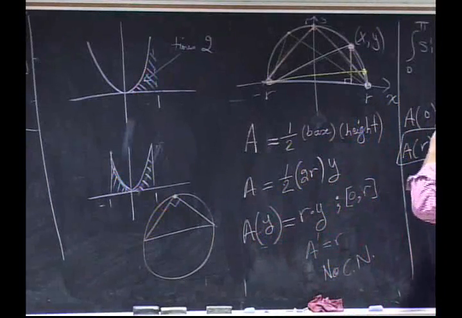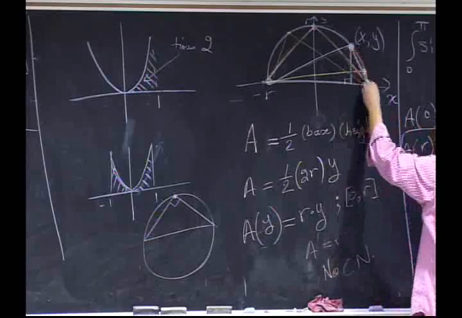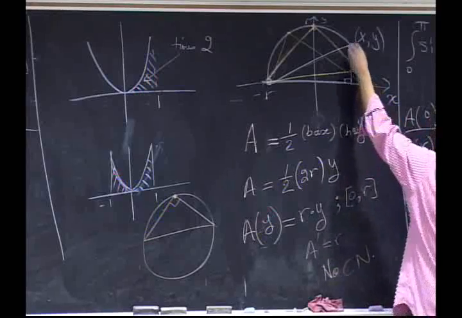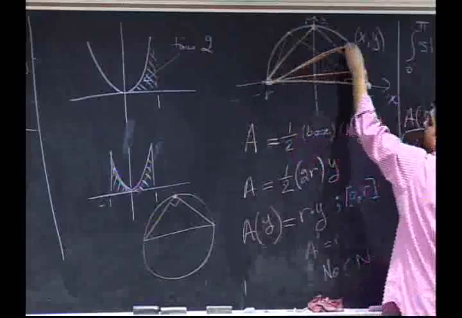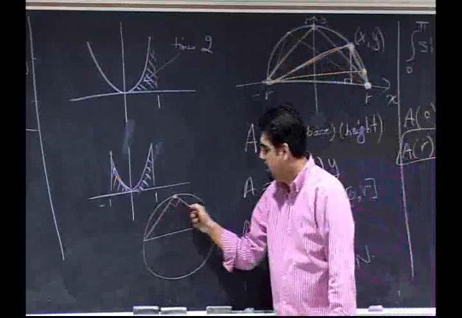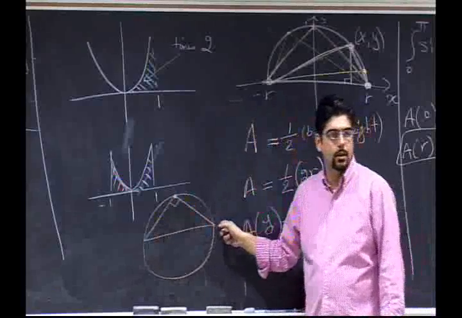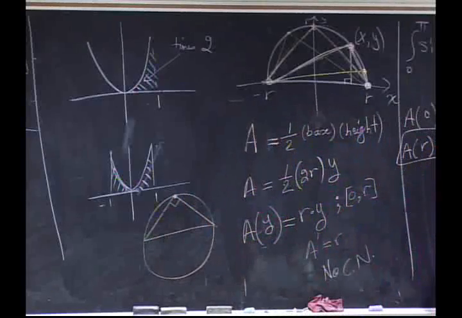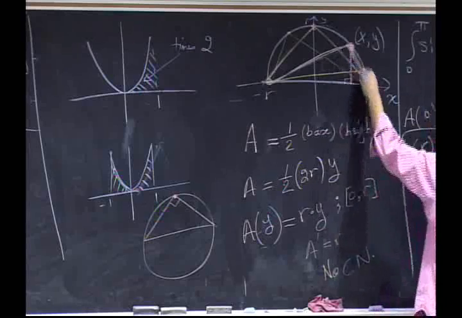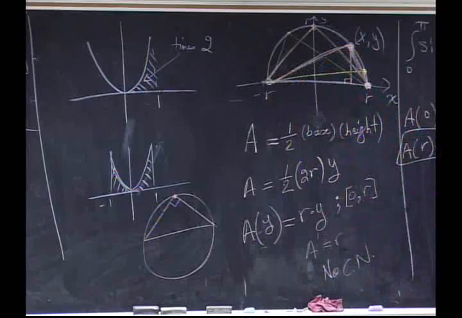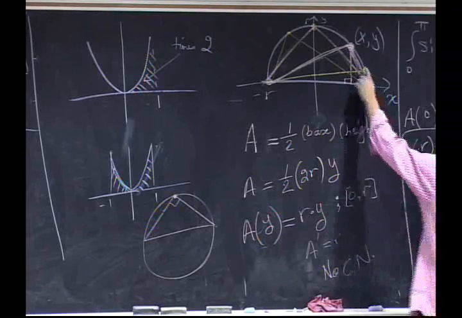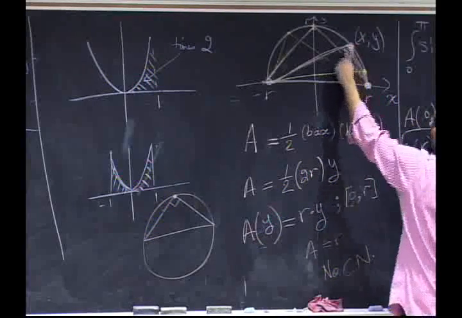Another way to calculate the area of this triangle is to come up with a formula based on the product of these two. Because if these two are right angles, then the area is half of this times this. So you could come up with this length and this length, and you realize the only way to have the largest possible triangle is if these two lengths are the same.